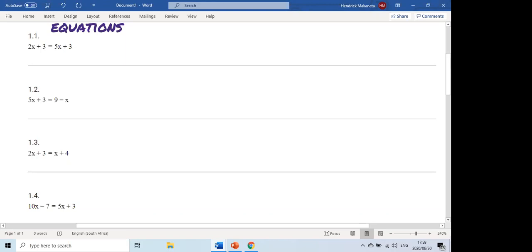Then I said 3x divided by 3 and 6 divided by 3. From 3 divided by 3, x was left, and from 6 divided by 3, 2 was left. So x is equal to 2. Okay, so your value of x is 2. Yes, sir. Okay, I will hold it right there.